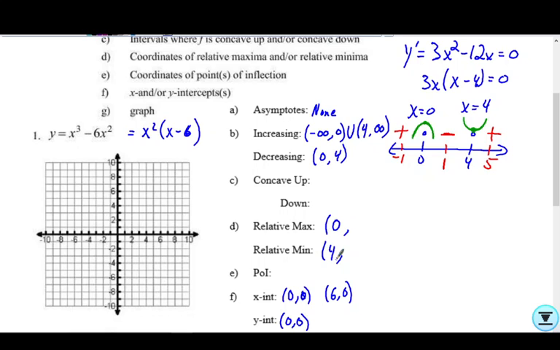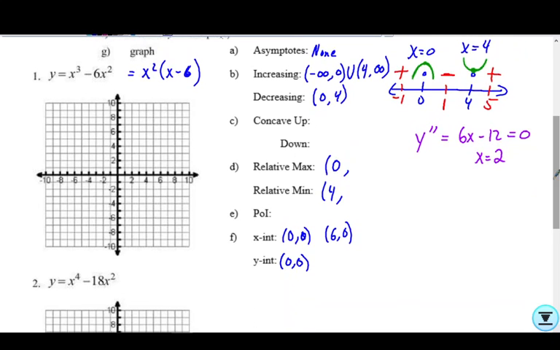Now, the second derivative is what's going to tell me my concavity. So I need to find the second derivative. I already know what the first one is, so the derivative of 3x squared minus 12x is 6x minus 12. Again, we set that equal to 0, and we get x equals 2. Now we do the same thing with the second derivative test.